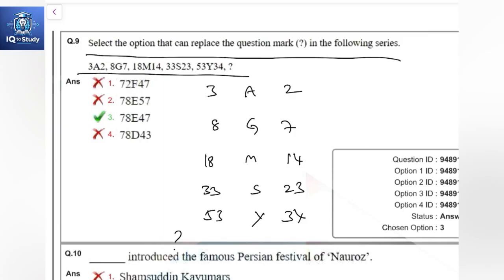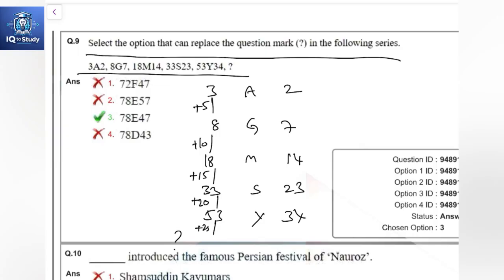Here the pattern is like 3 plus 5 is 8, 8 plus 10 is 18, 18 plus 15 is 33 and 33 plus 20 is 53. Similarly, 5, 10, 15, 20 and the next should be 25.